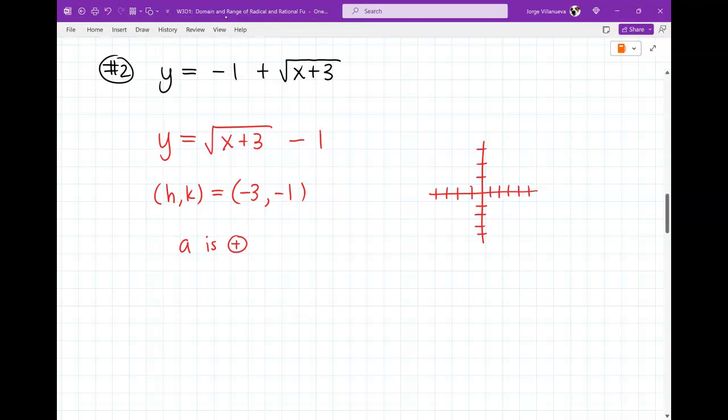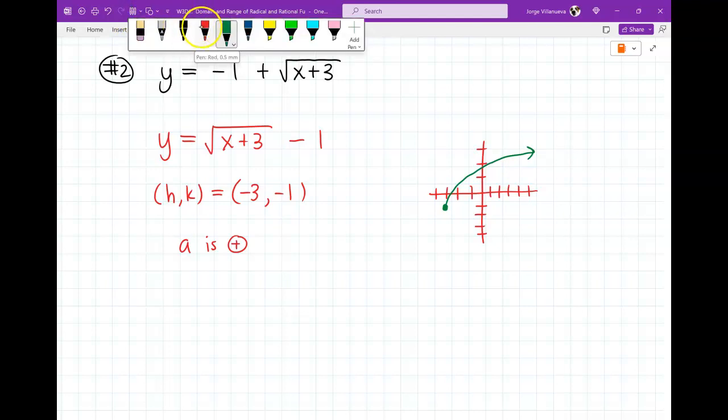Oops, I'm sorry, wrong place. -3, -1, right here. And since A is positive, the graph has to grow like this. Again, I'm not calculating anything specific. I'm just sketching. Because you just need a sketch in order to find domain and range.